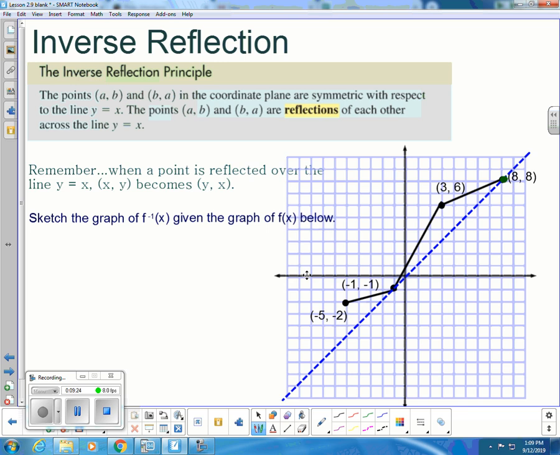3, 6 is going to become what on the inverse? 6, 3. You can see that's a reflecting point. Negative 1 stays. X and y are already equal. Negative 5, negative 2 becomes negative 2, negative 5.